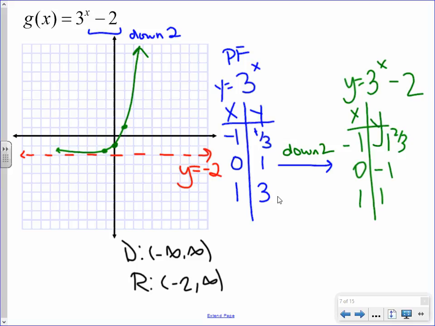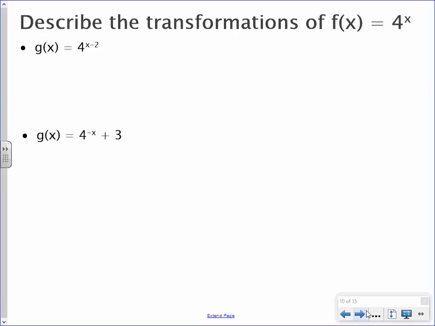Okay. Let's talk about a couple where we don't actually graph them. 4 to the x is our parent function. And then these are the two that I want to discuss: 4 to the x minus 2 and 4 to the -x plus 3. I'll give you a moment to write them down.